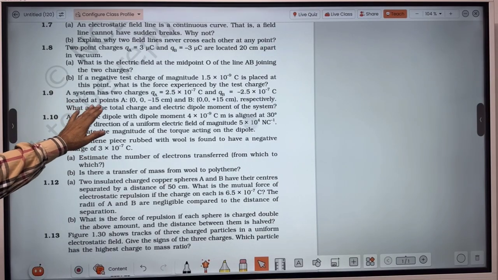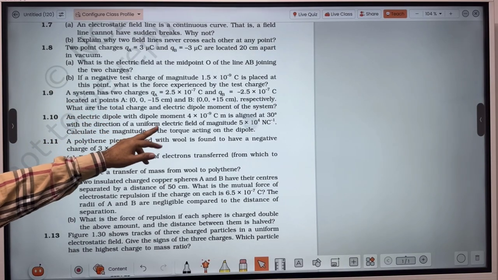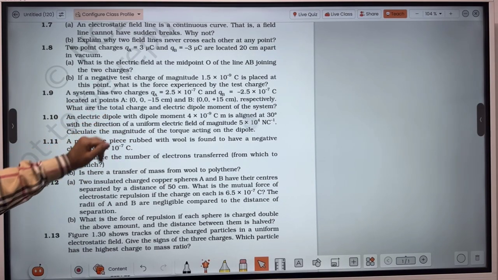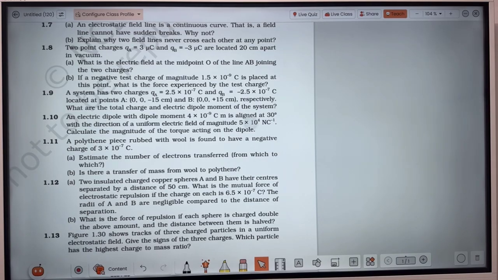A system has two charges QA, QB located at points 0, 0, minus 15 centimeter and 0, 0, plus 15 centimeter respectively. What are the total charge and electric dipole moment of the system?